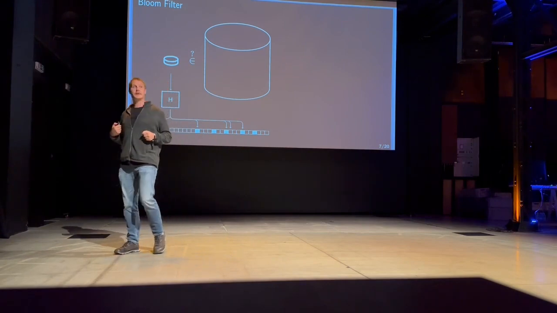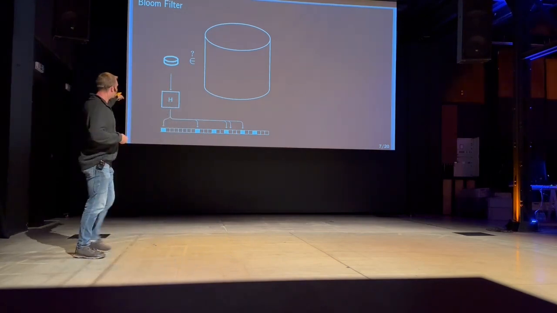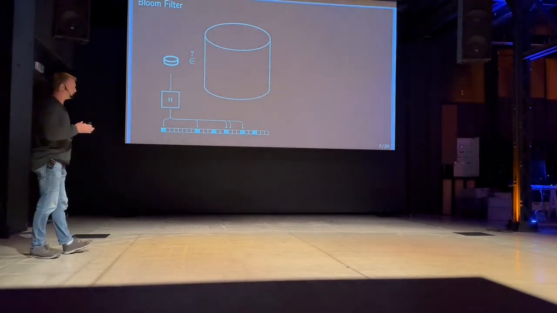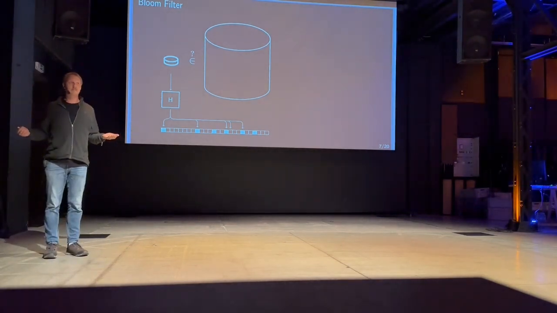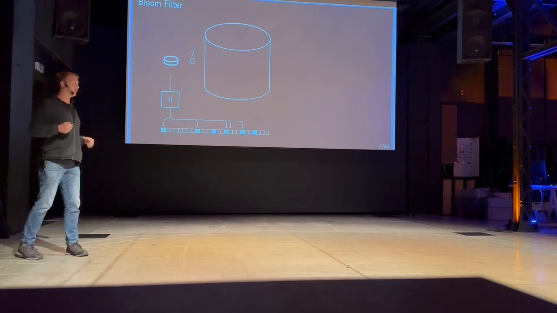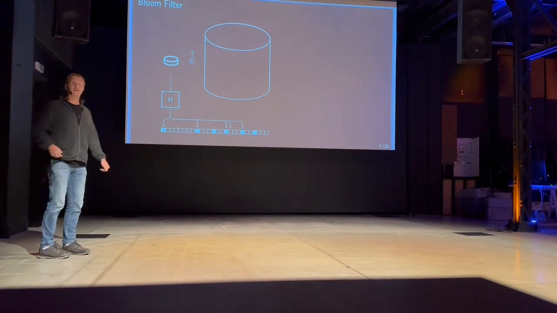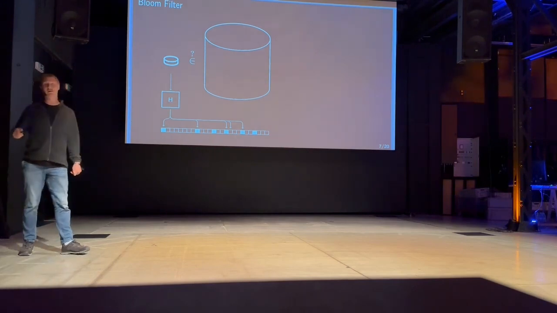And then we can test for membership very quickly just by hashing the item and looking at the indicated bits. If they're all set, then maybe the item is in the database. But if any one of these bits is not set, then we know for sure that the item is not in the database.